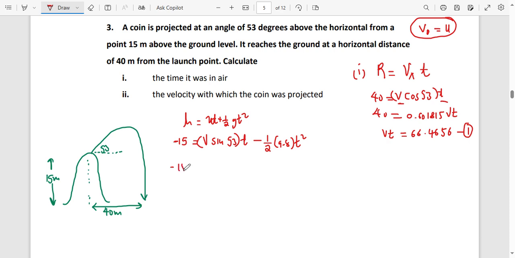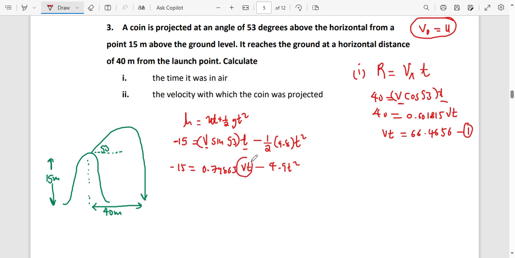So negative 15 is equal to sine of 53, which is 0.79863. Remember, I've got a v to multiply with a t, so that will be vt, and then minus half times 9.8, that will be 4.9 t squared.